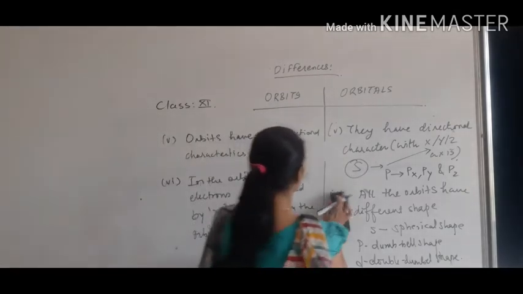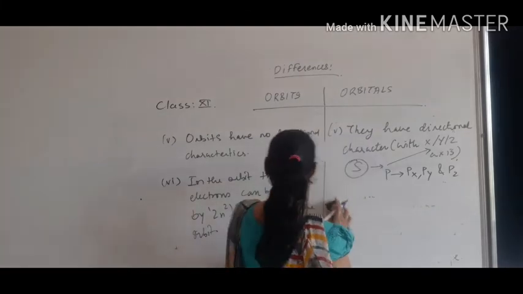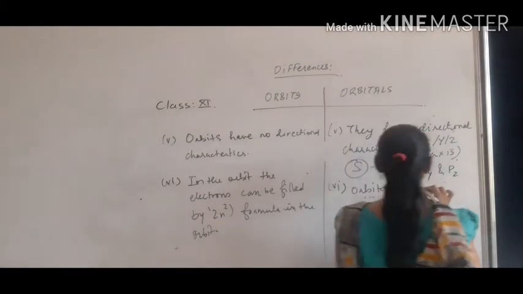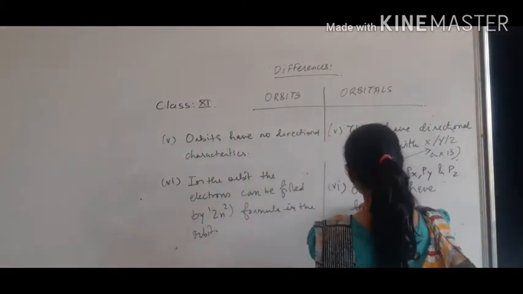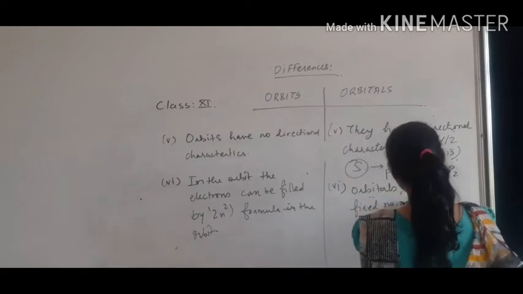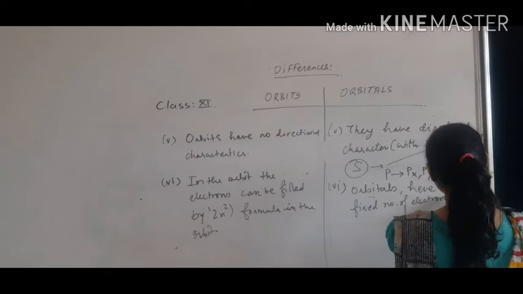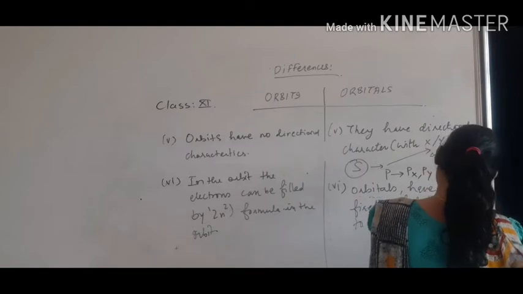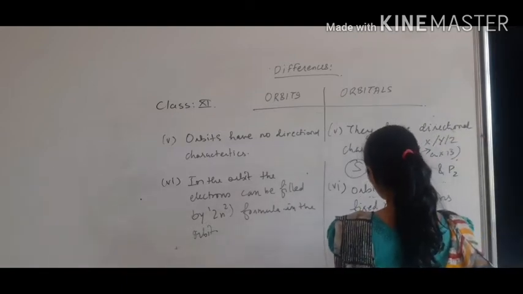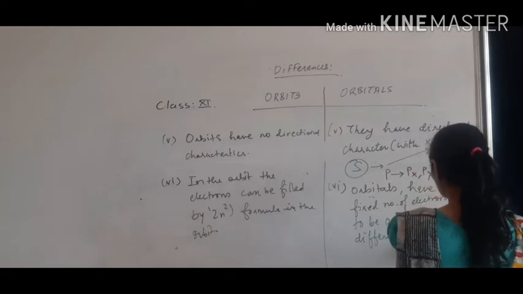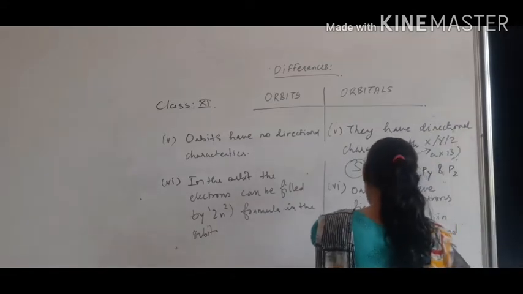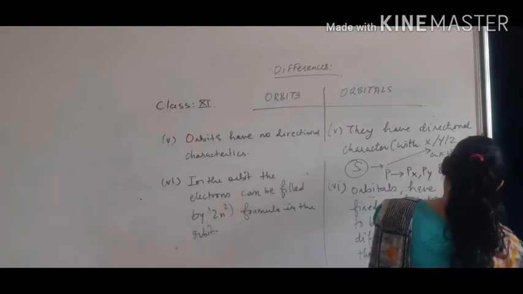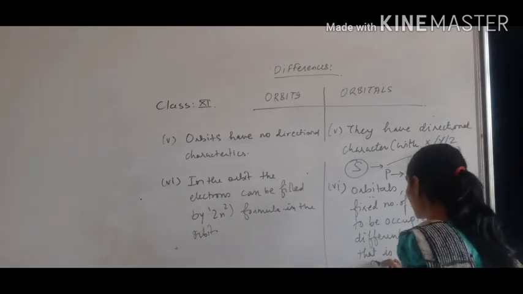Here when we talk about the orbital, last point, orbitals have a fixed number of electrons to be occupied in different spins, and it is always true. कोई भी ऑर्बिटल अपने आप में 2 ही इलेक्ट्रॉन रखेगा.